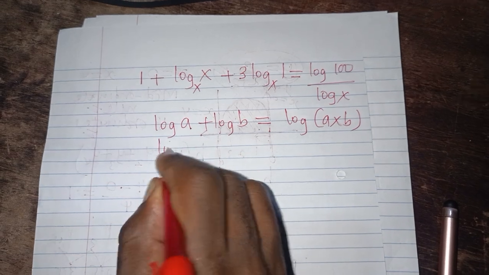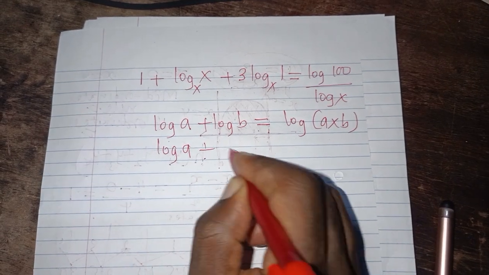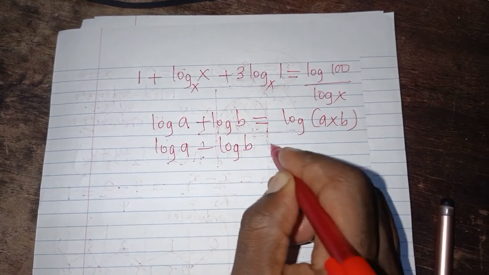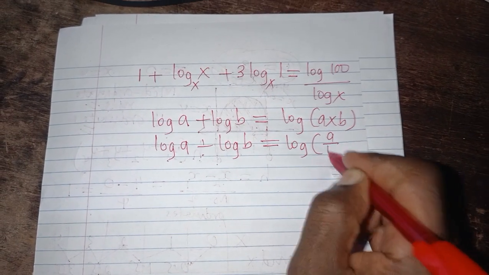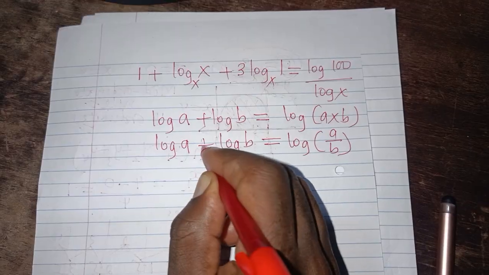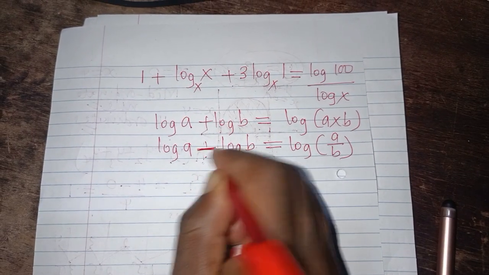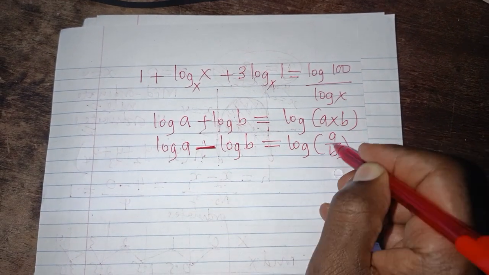And again, you can also say the log of a minus the log of b can translate into the log of a divided by b, so that division, or you can say minus, for this case, can change to division.